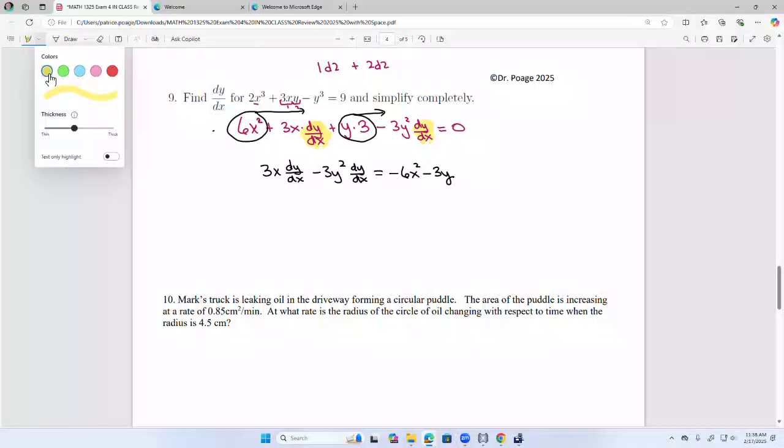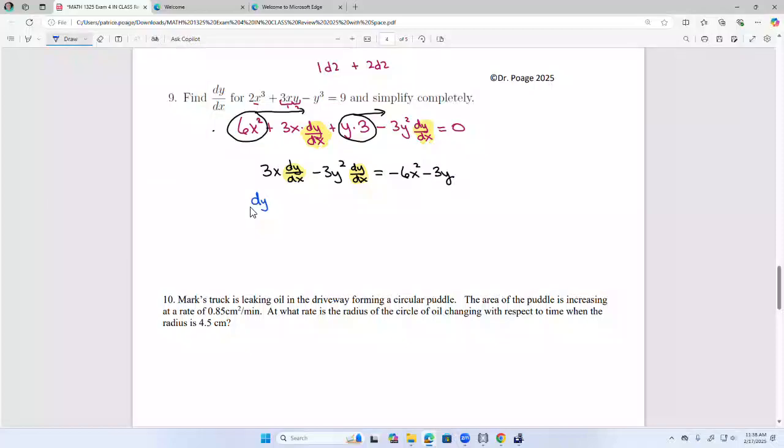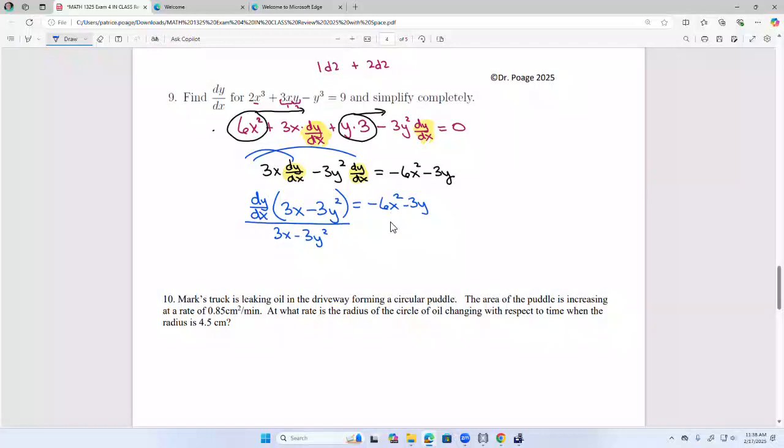So now both of these terms have a dy dx in it. That means I can factor that out front. So pulling that out front, it leaves me with 3x minus 3y squared. Since dy dx is being multiplied to everything in the parentheses, I'm going to divide by everything in the parentheses.